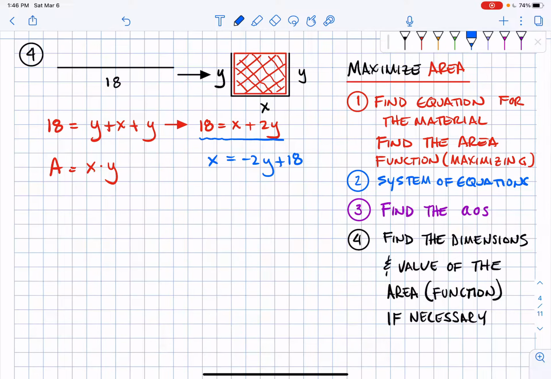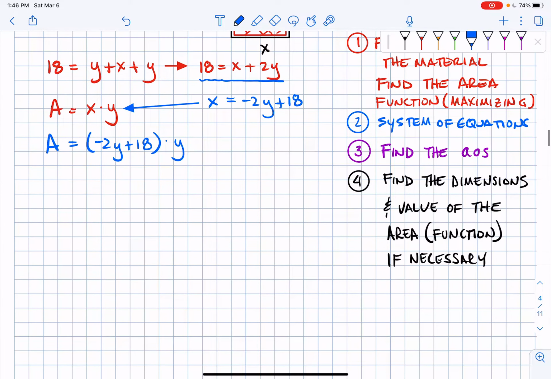So I'm going to take this and plug it in here. The area is going to equal negative 2y plus 18, which I'm replacing for the x, times the y. So I have to distribute.